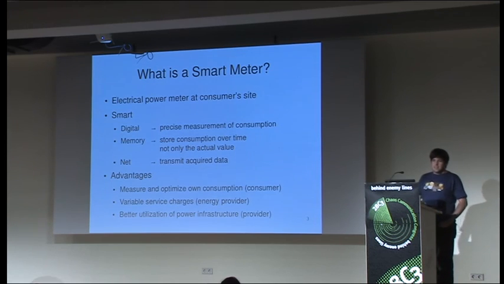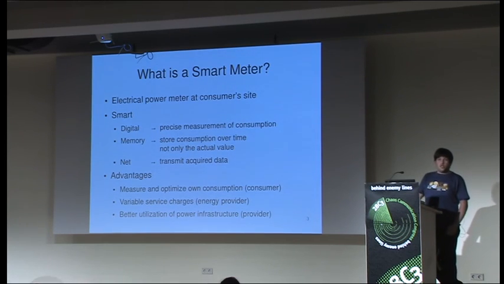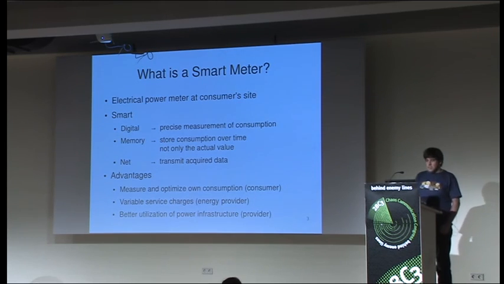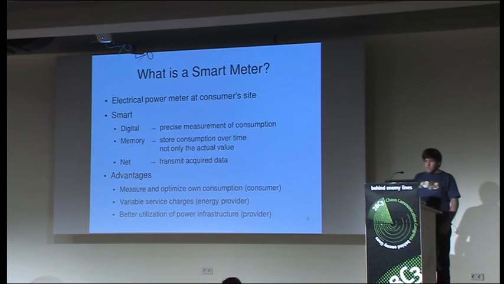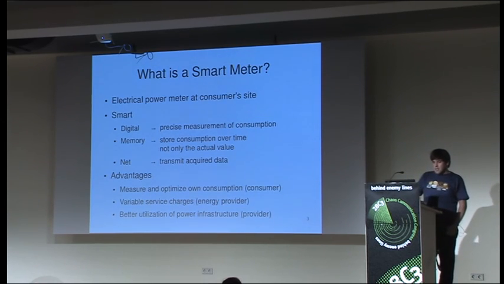A smart meter is an electrical power meter at the consumer side. So it's down in your cellar and it measures the power consumption. So why is it smart? It's smart because it's digital, so it's more precise and can measure the consumption very precisely. It has a memory, so it has the possibility to store the consumption over time.